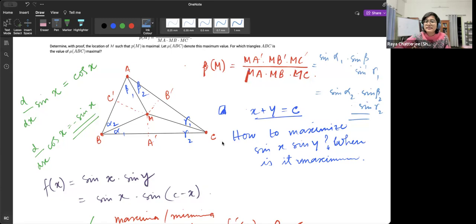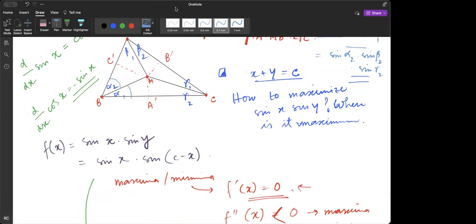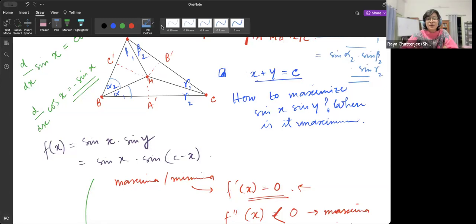Maximizing just one of these seems arbitrary, because we don't know how alpha 1 and alpha 2 are related. Are they equal? How much do they differ by? We don't know any of that, so maximizing any one of them is not a good idea.